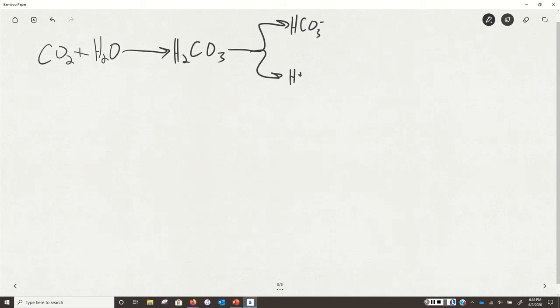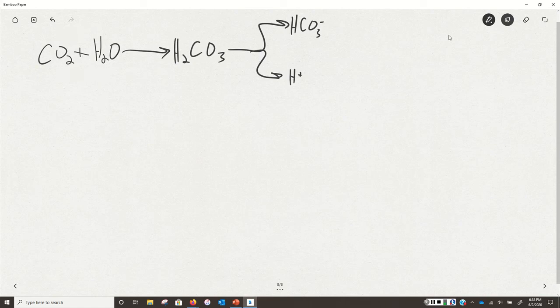All right, hopefully that looks familiar. Now, what we just said was this pathway produces an H+. It produces a bicarbonate also, but for every CO2 that goes through here, we get an H+.